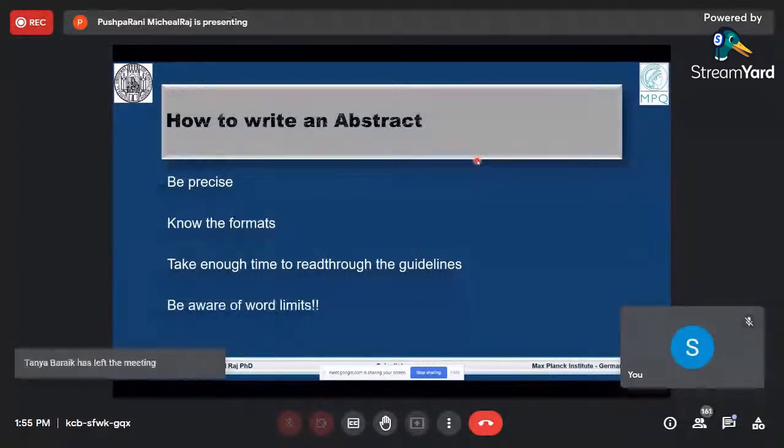Why do they have such word limits? Is that too strict? Is that making the person insufficient? No, it's exactly the opposite. If you're able to describe your work in 250 words, which is the norm, it means that you have profoundly understood your work.